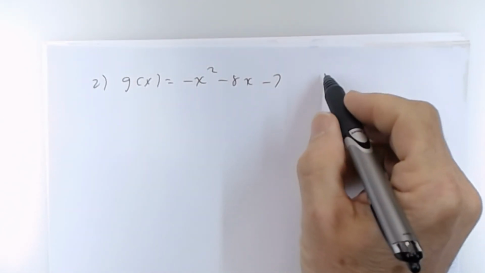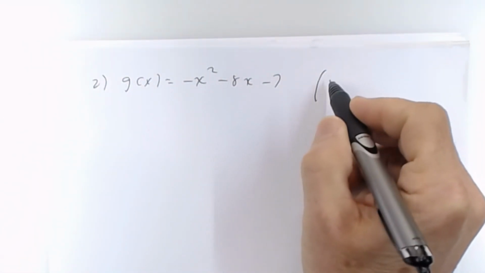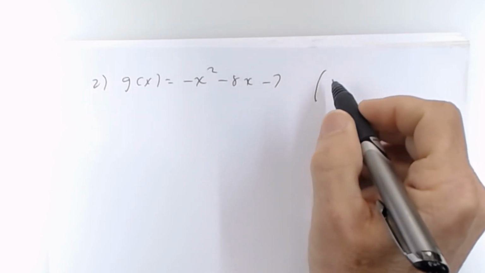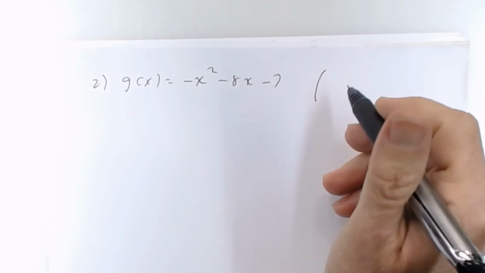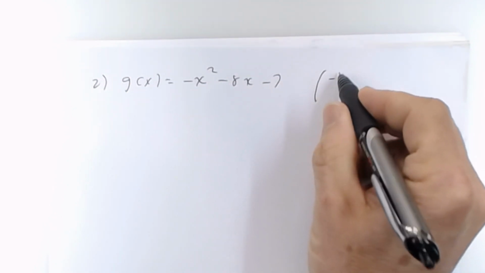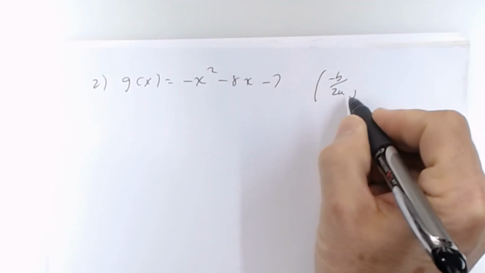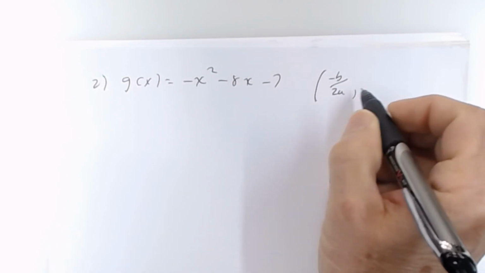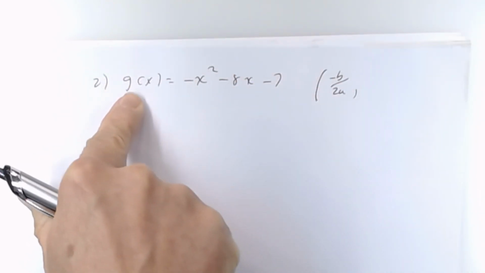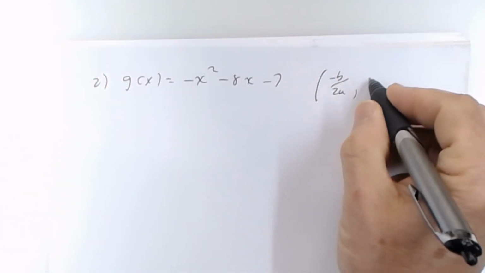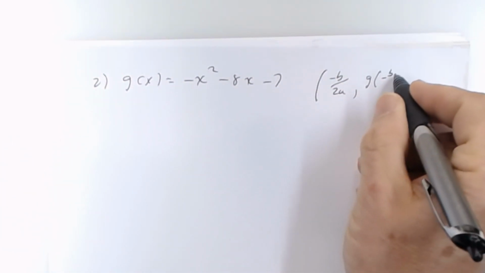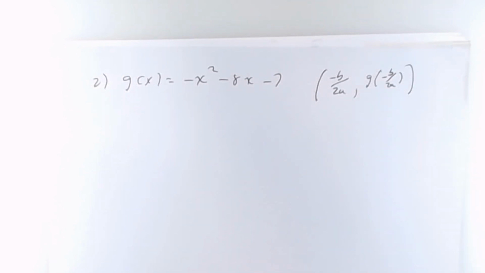It's easy to remember because it's part of that quadratic formula, negative b over 2a. So that's your x coordinate. To find the y coordinate, you take that x and plug it back into your function g. So that's g of negative b over 2a. All right? So that's your vertex formula.